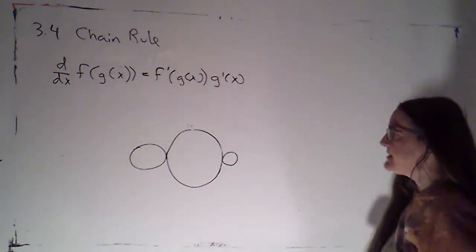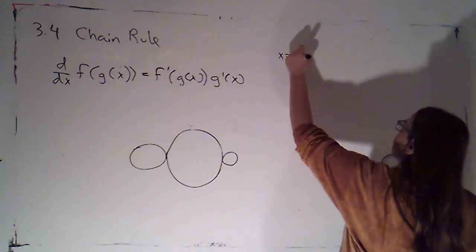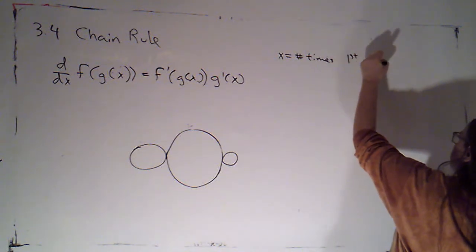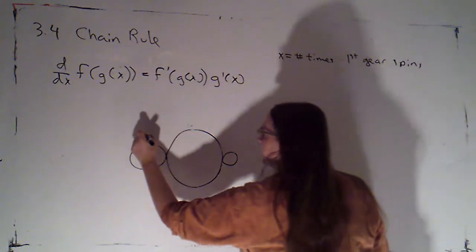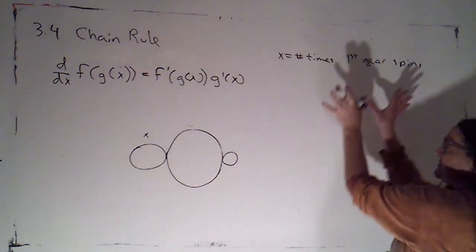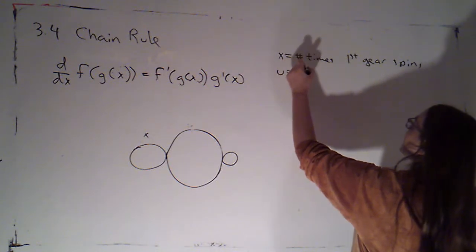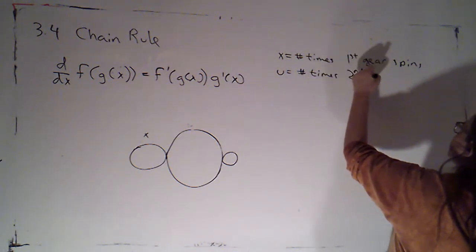Now I'm just going to assign some variable names to things. I'm going to say x is the number of times the first gear spins. So I'll put an x here. That's not the name of the gear. That's measuring the number of times that that spins. u is going to be the number of times the second gear spins.